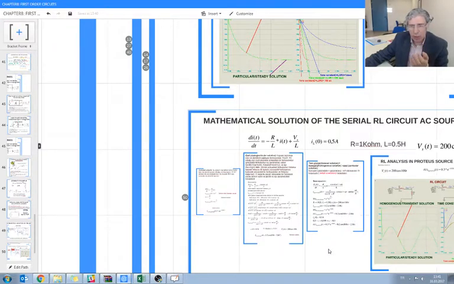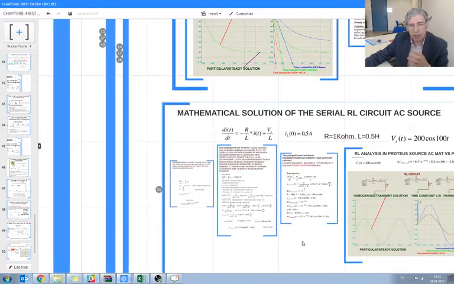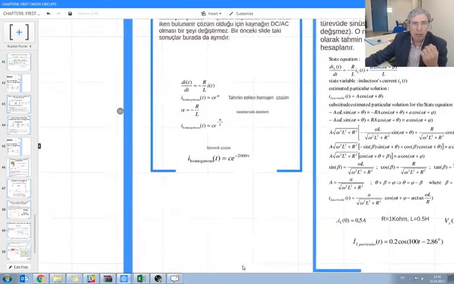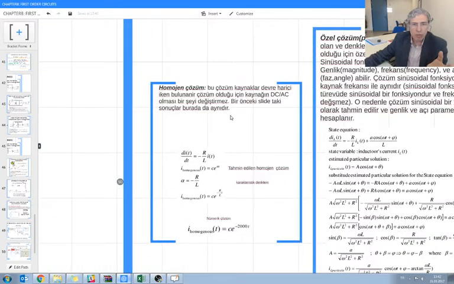So how are we going to calculate it? I am going to do it by hand as I do it on the board in class. In general, I could say that the homogeneous solution is not going to change, whether it is AC source or DC source. Why is that? Because the homogeneous solution is the differential equation when the independent source is equal to 0.